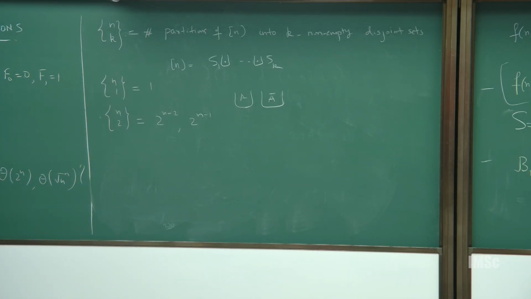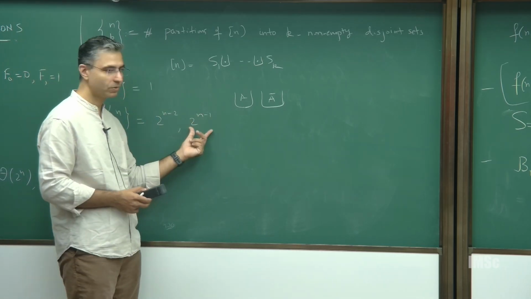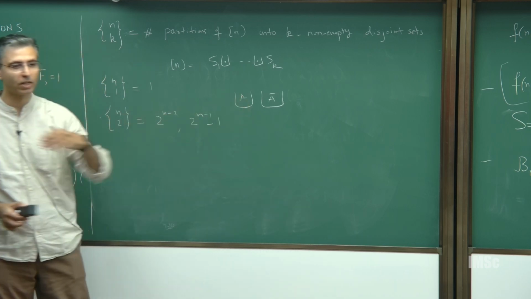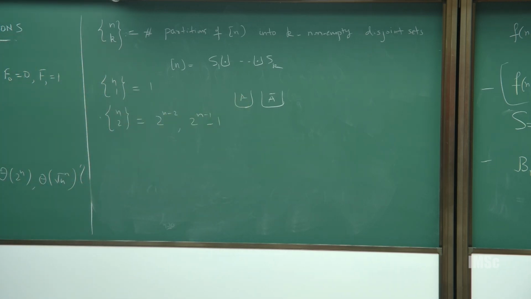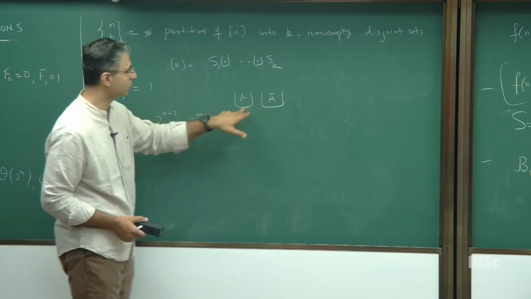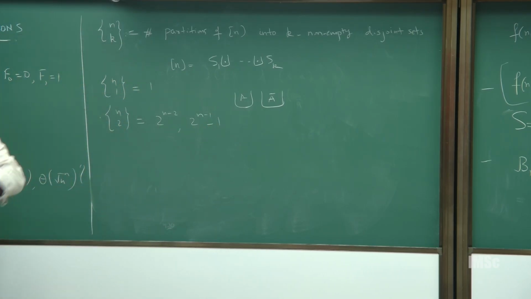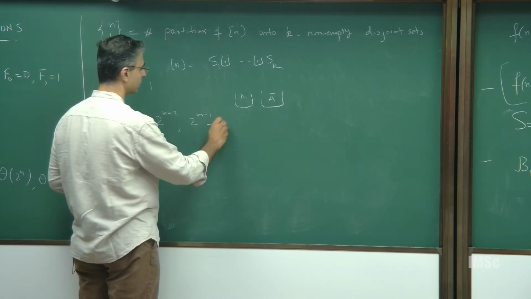But no bucket can be empty, so minus 1 again. We have already accounted for over counting, but you can't pick the empty subset, so remove that.